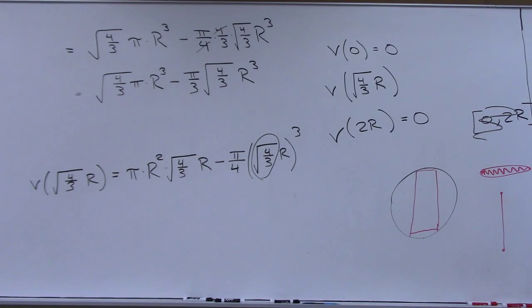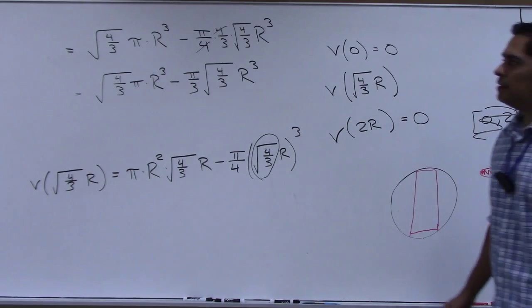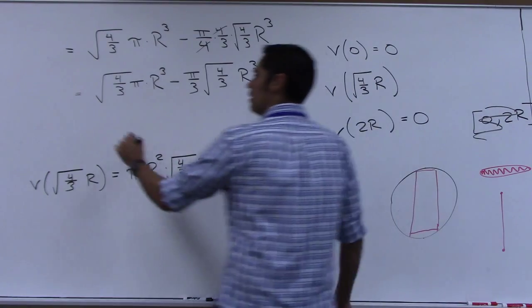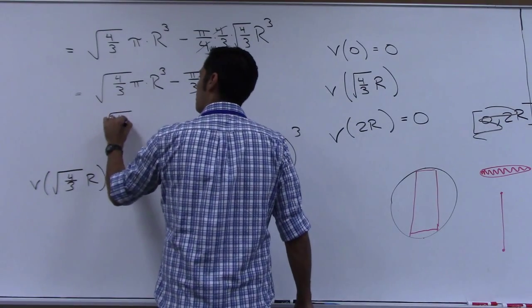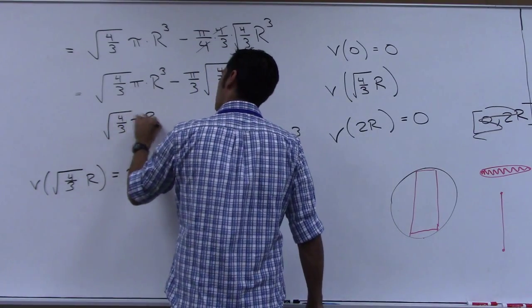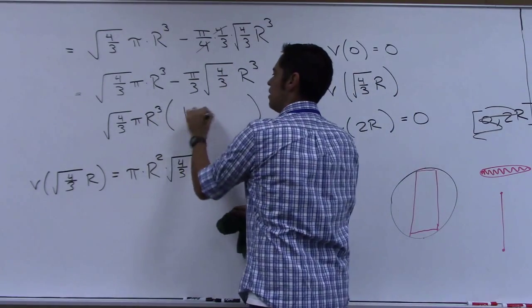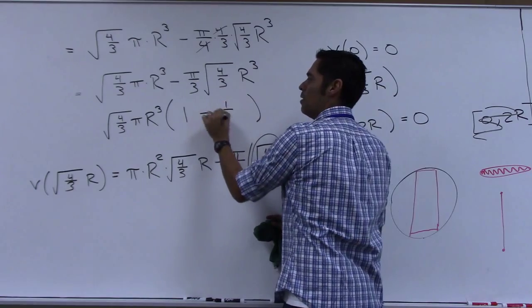Anybody see any common factors there? Root 4/3 and r cubed and pi all come out, right? So I'm going to do root 4/3 pi r cubed comes out. What's still in there? 1 minus 1/3, right?